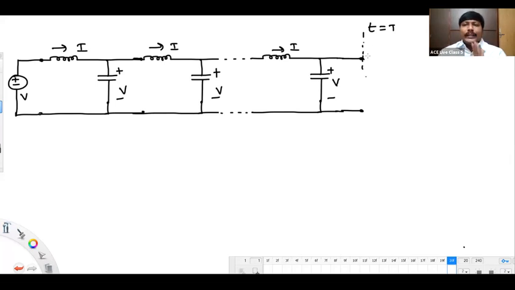Look here now. After reaching here, I2 value is 0. So the current in the transmission line will become 0. Voltage will become double. Current is 0.